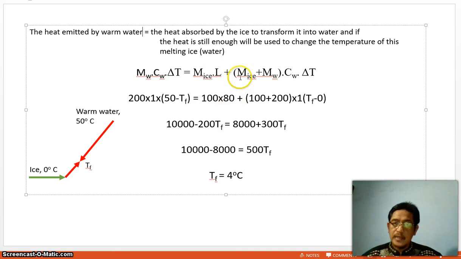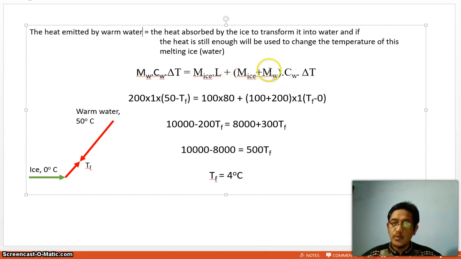So we have enough energy to increase the temperature of the melting ice until it reaches a particular temperature. So we can put here the next term, m ice plus m water.